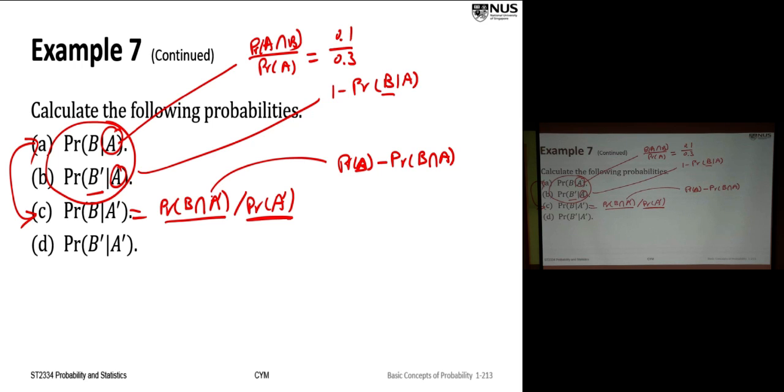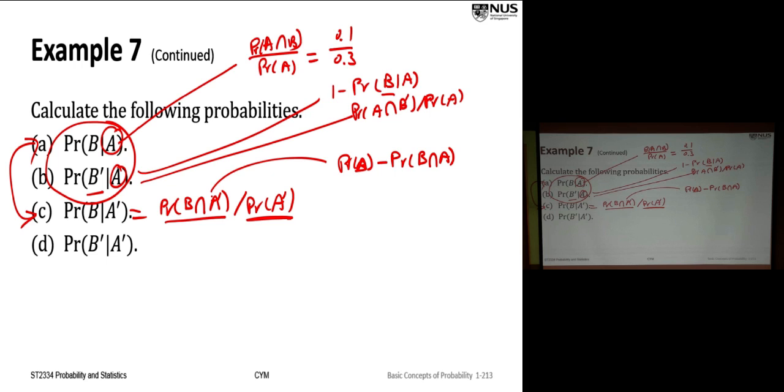I always keep telling you to try another way if there is one. This is based on the knowledge that B and B prime are complements. So how about I follow from the definition? The definition of this one will be probability of A intersect B complement divided by probability of A. This one needs more work.